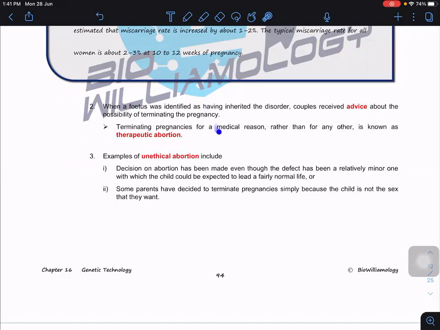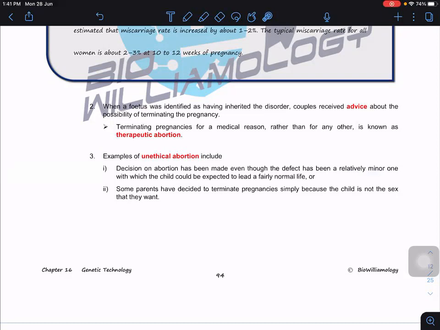Therapeutic abortion is for medical reasons. So what are unethical abortions? Unethical abortion is when the decision to abort has been made even though the defect is relatively minor, for example thalassemia minor. Basically, the kid will be able to live, but abortion takes place because of a minor condition.